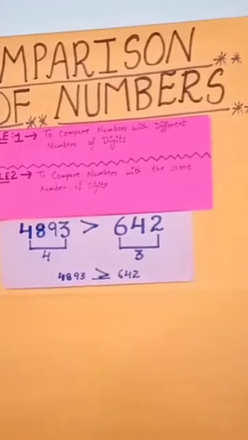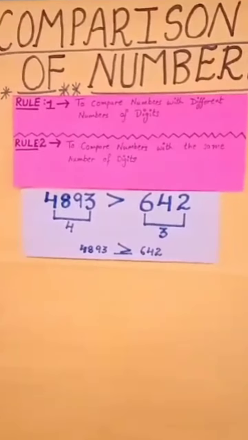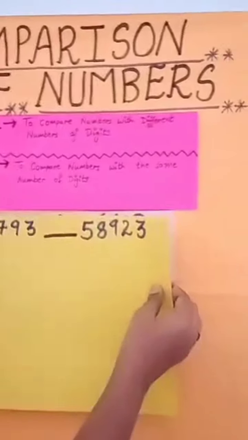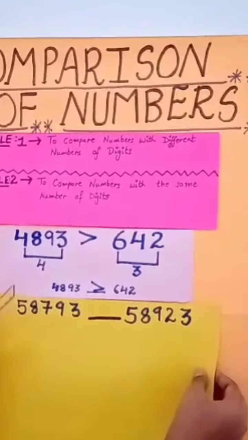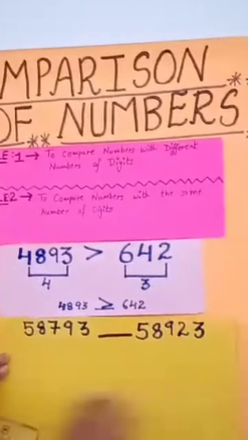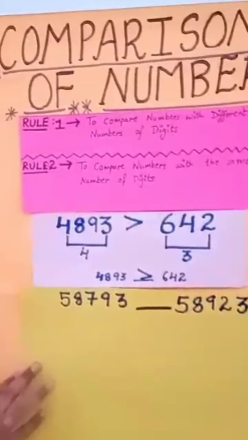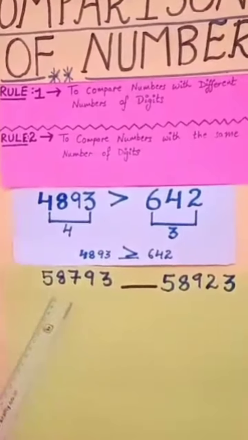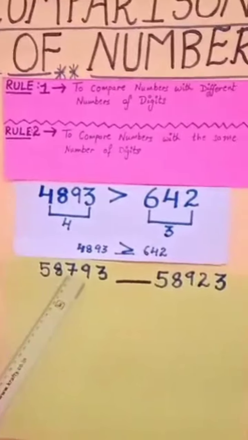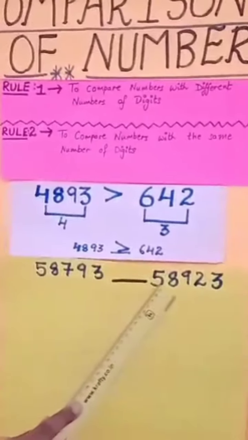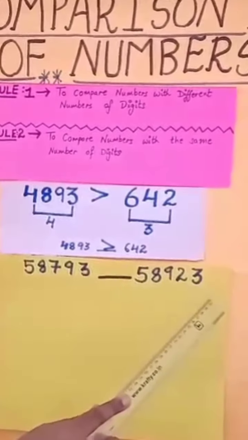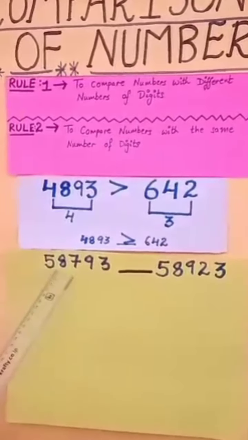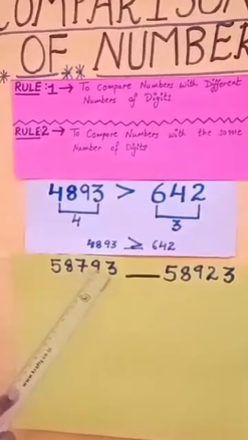Okay? So this is your example. I have taken two numbers here, that is 58793 and 58923. As you can see, this is 1, 2, 3, 4, 5.